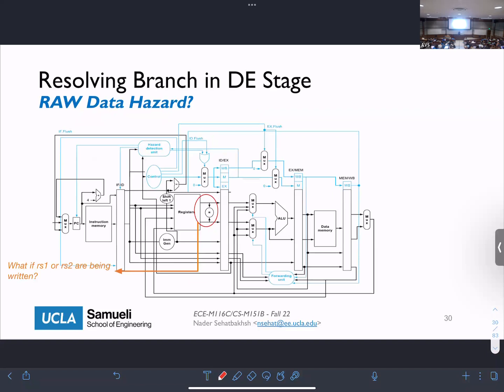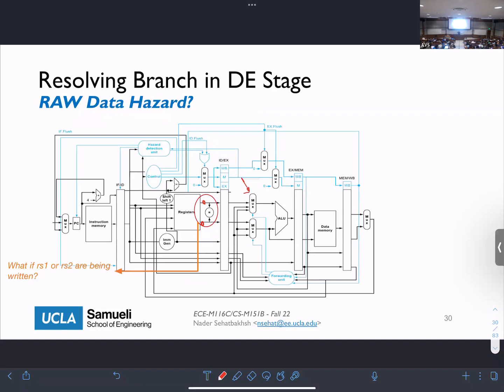The interesting thing before jumping into the next part is that there's a little bit of housekeeping that we need to figure out. And that is that when we are reading RS1 and RS2, unfortunately, we get the same data hazard problem that we had before, because remember, our data hazard was we were forwarding things at this stage, right?